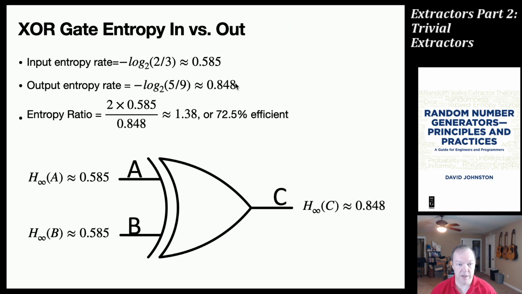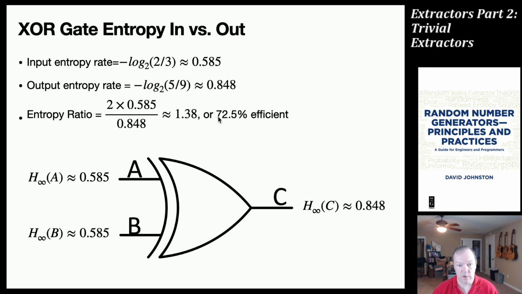The entropy per bit is higher than the entropy per bit on an input pin, but it's not higher than the total entropy in, because we've got 2 pins, 2 lots of 0.585. We divide that by the output entropy, and we get 1.38. And that's how much entropy we're putting in per bit of entropy out.